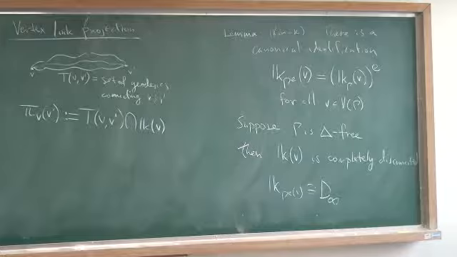We can identify the group generated by the link of v in gamma with a free group on some number of generators, k.